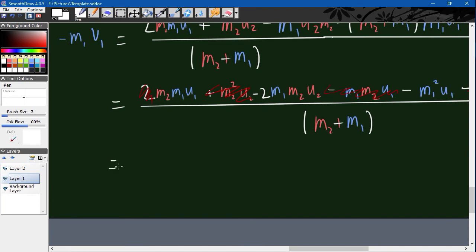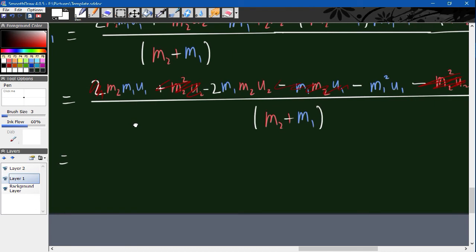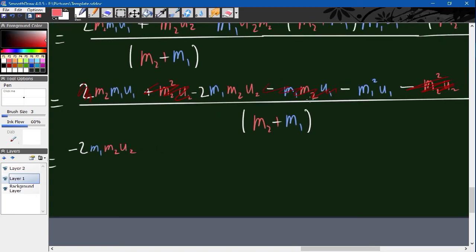Alright, let's rewrite it without all the ridiculous clutter. Negative 2 M1 M2 U2. This is so messy. Minus M1 squared U1 plus this. We're gonna rearrange it so M1 comes first.